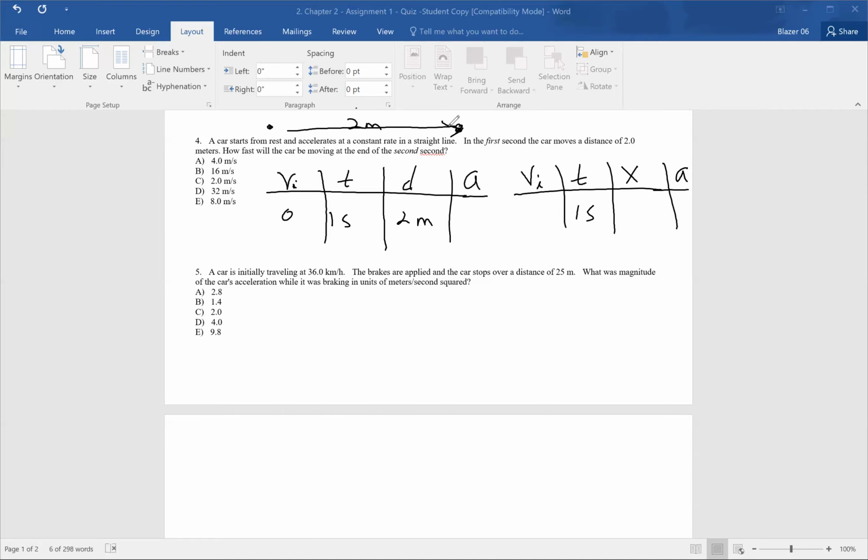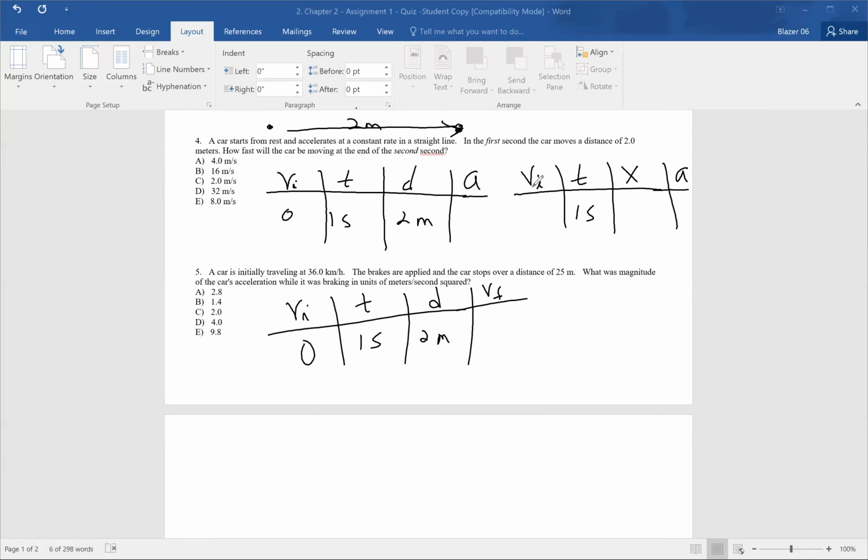So that means then I'm gonna put it down here. I know my initial speed was 0. I know my time is 1 second. It went a distance of 2 meters. But what I really want to know to put here is what was the final speed, which becomes my initial speed up here.